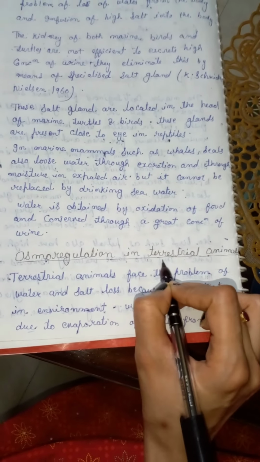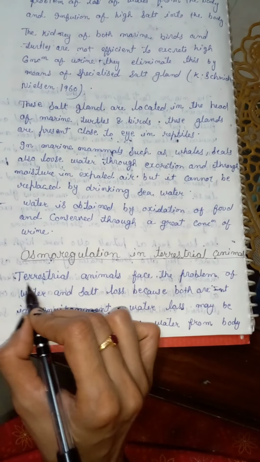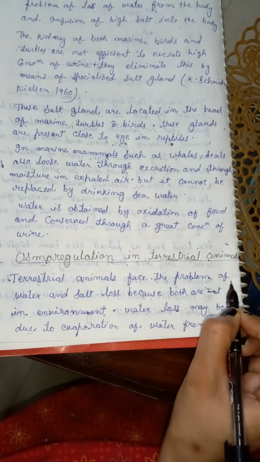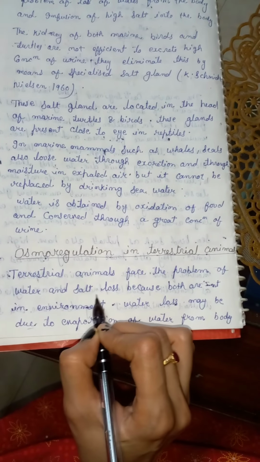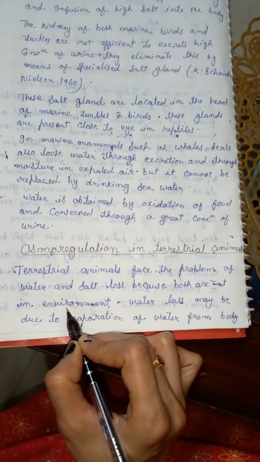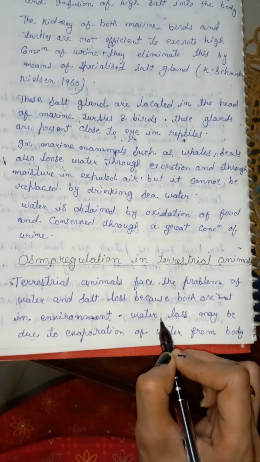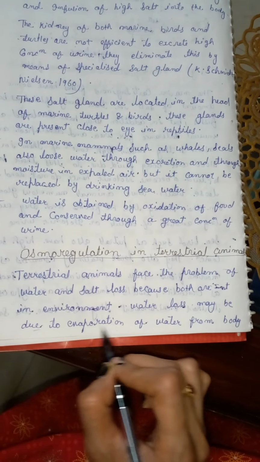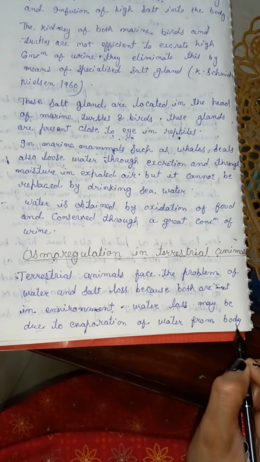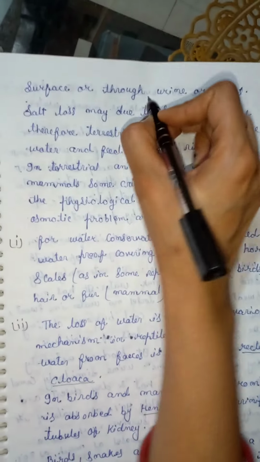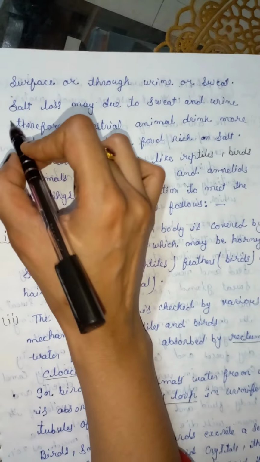Osmoregulation in terrestrial animals. Terrestrial animals face the problem of water and salt loss because both are present in the environment. Water loss may be due to evaporation of water from the body surface or through urine or sweat.